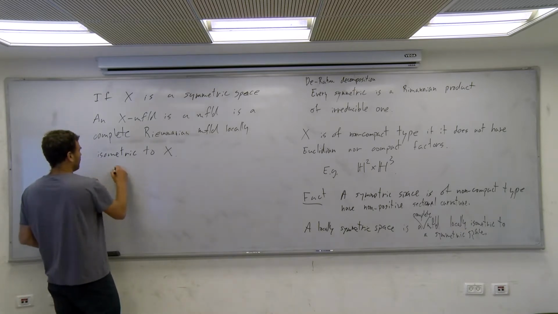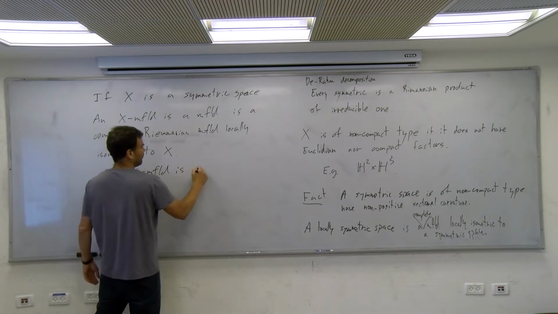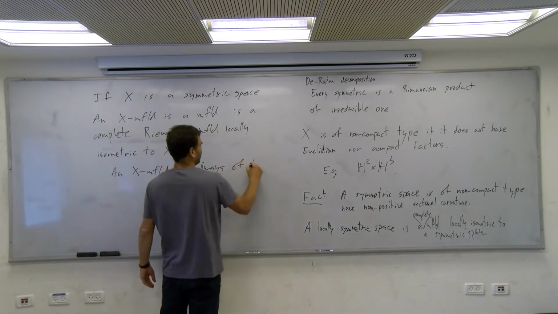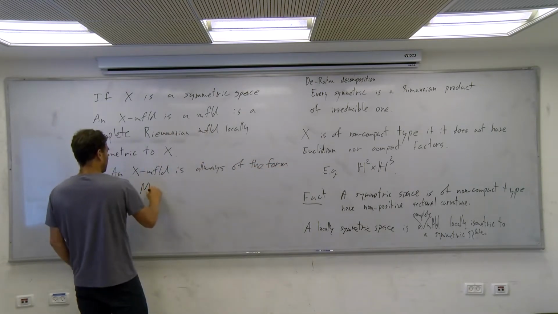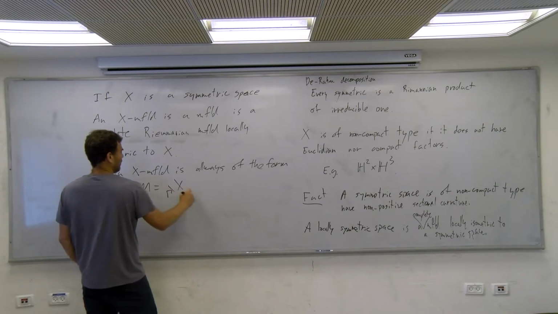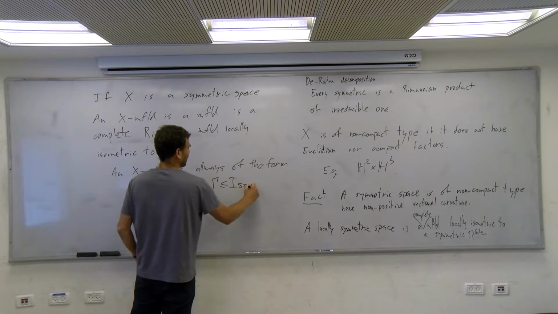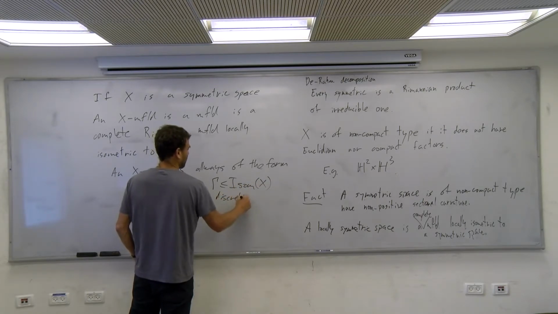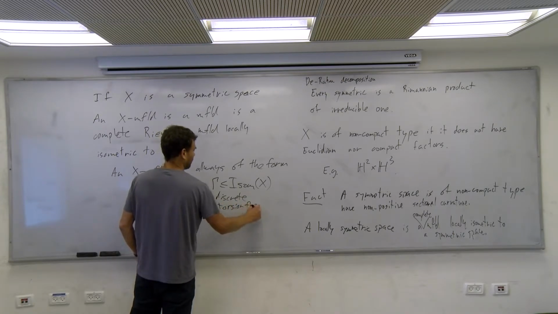So an X manifold is always of the form M equals X mod gamma, where gamma is some subgroup of the isometry group of X, which is discrete and torsion free.